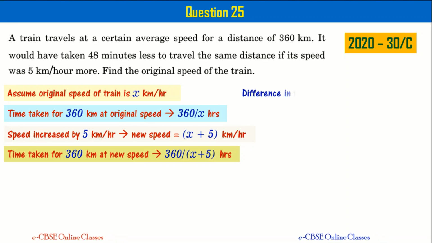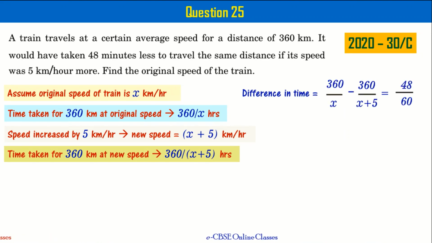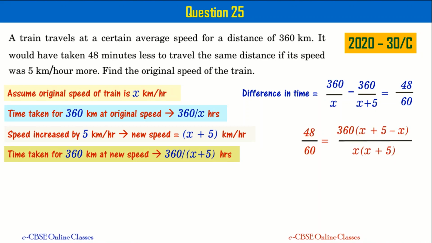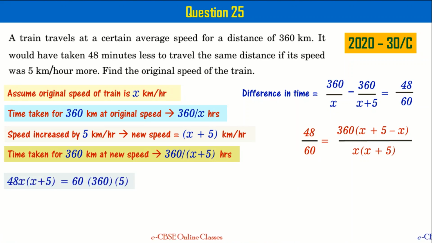So difference in time can be expressed now as 48 by 60 equal to 360 by x minus 360 by x plus 5. This can be rearranged and written as shown here. When you cross multiply and simplify, what you get is 48x times x plus 5 equal to 60 times 360 times 5.